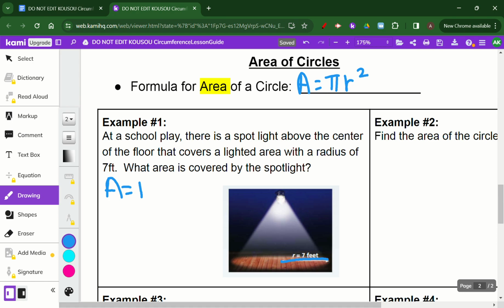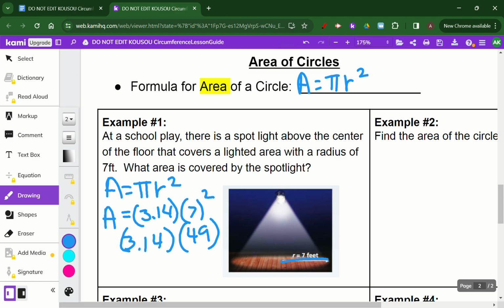Area equals pi r squared. We're looking for area. We'll plug in 3.14 for pi. Our radius is 7. That's given to us in the picture. And we're doing 7 squared. Alright, 7 squared is 49.